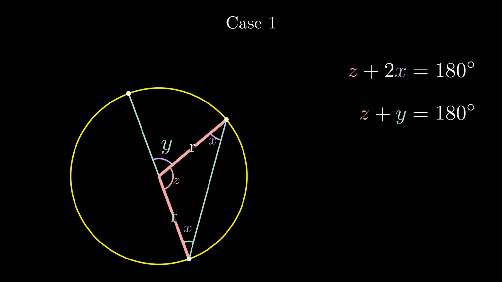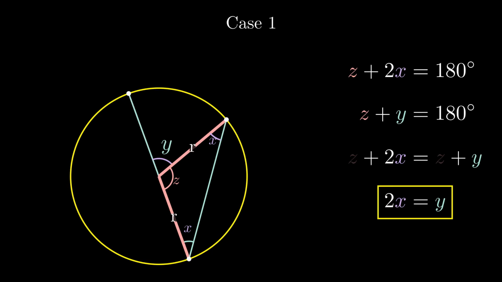On the other hand, if you look closely, y plus z is also equal to 180 degrees. So both of these quantities are equal to 180, so they have to be equal to each other. We obtain that z plus 2x has to be equal to z plus y. And by subtracting z from both sides, we get that 2x is equal to y, which was the desired result.